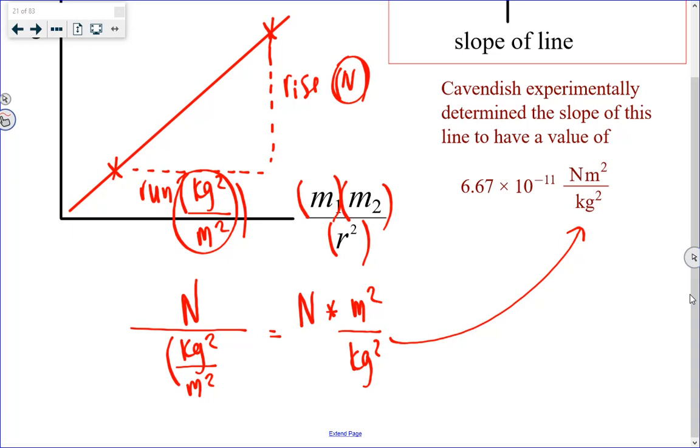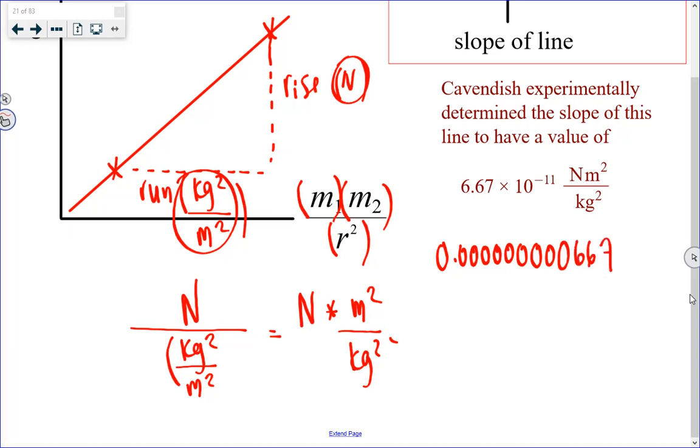The number itself turns out to be very small. And in Physics 30, we talk about the significance of that. Gravity, it turns out, is the weakest of all of the forces in the universe. And it's because this number is really small. What this 6.67 times 10 to the negative 11 means is 0.0000000000667.